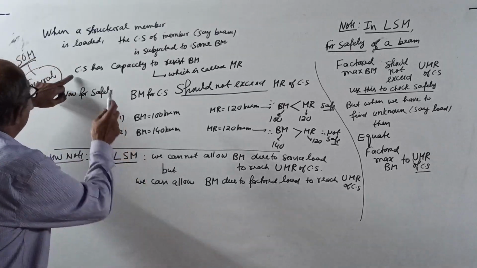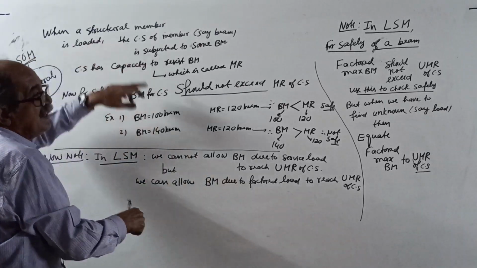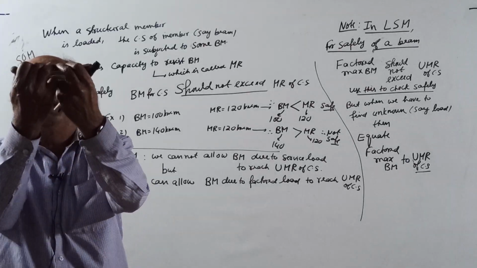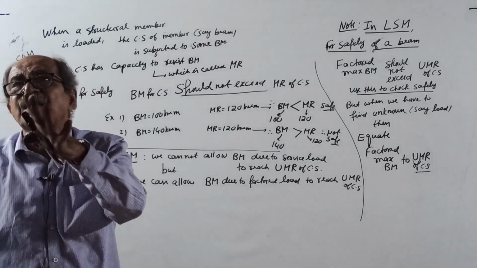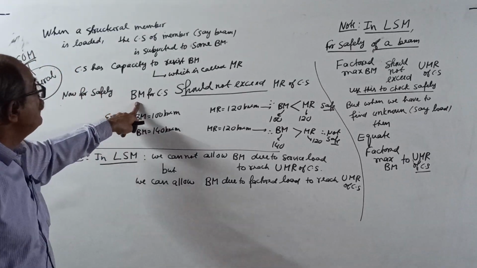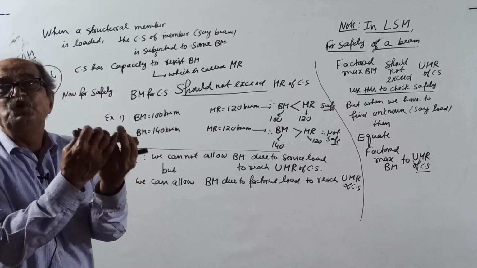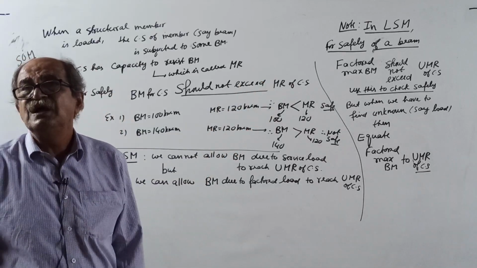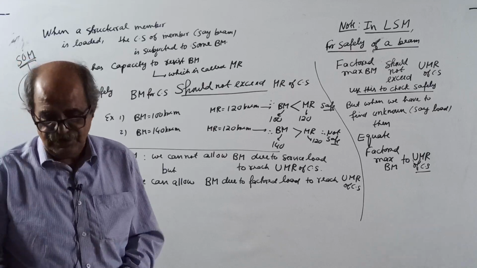Okay. Now, once again I'll tell you, you are applying some bending moment. It has got resisting capacity. Now for safety, you should not apply a bending moment more than the MR of the cross section. At the most, you can put equal.